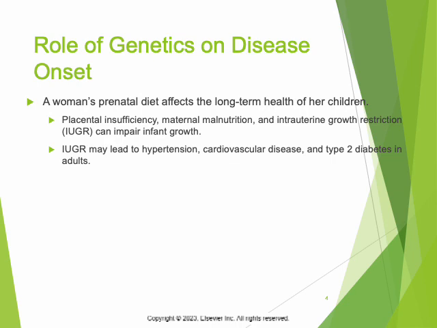Additionally, placental insufficiency, maternal malnutrition, and even IUGR, which stands for intrauterine growth restriction, can impair an infant's growth. Eventually, this can lead to long-term hypertension, cardiovascular disease, and type 2 diabetes in adults.